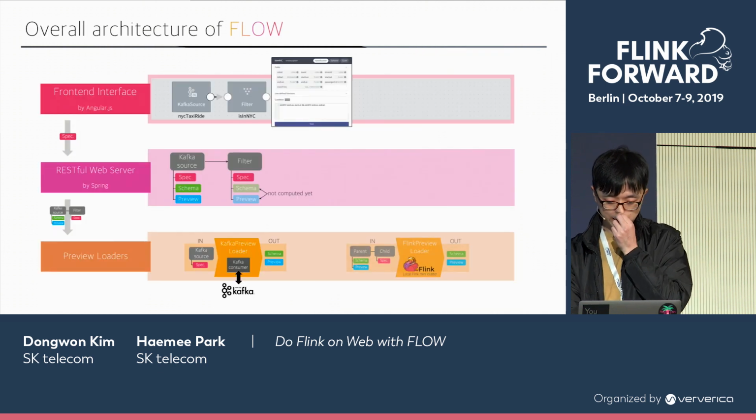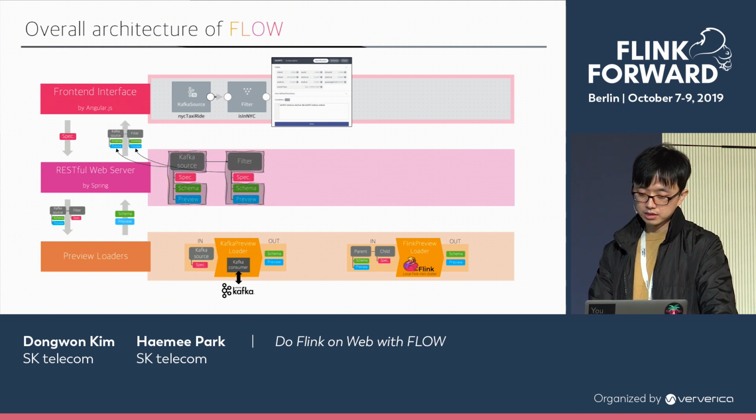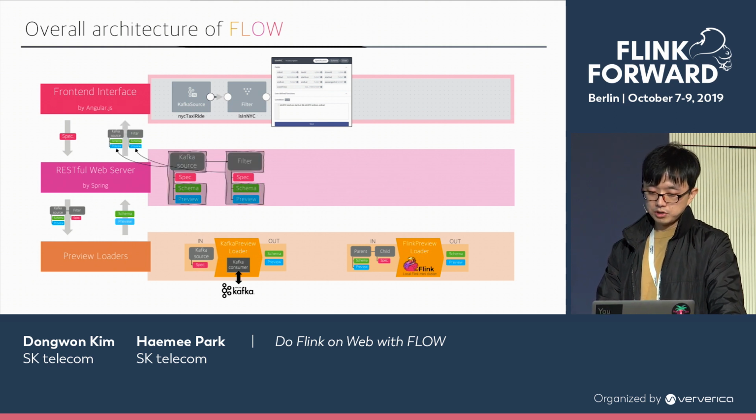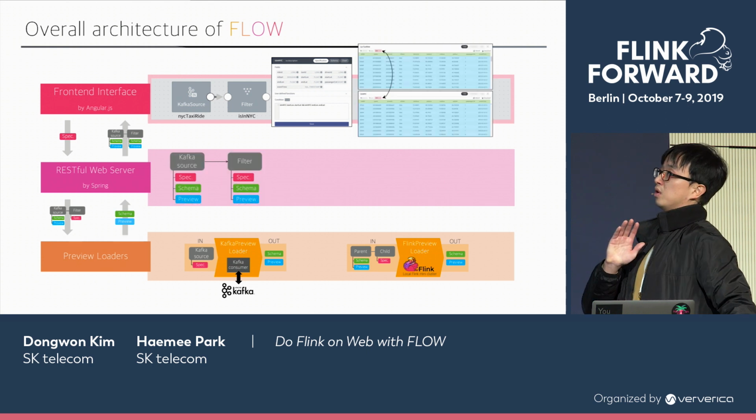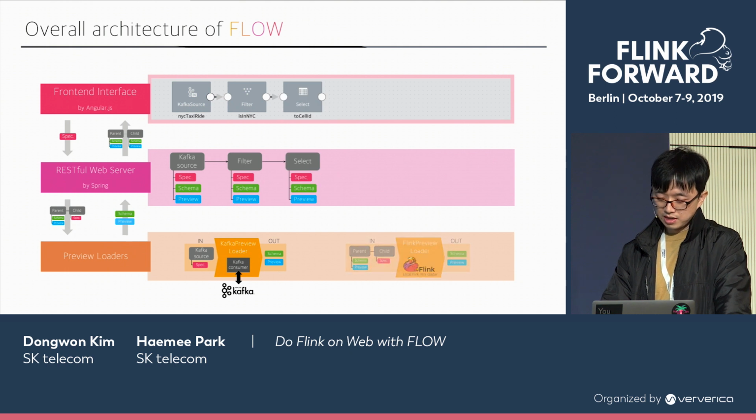In this way, we calculate the output, and they are stored on backend. And in this case, we need to return both operators' preview and schema, so that users can see the difference before and after applying the SQL operation. Okay, things are the same for the other SQL operations.